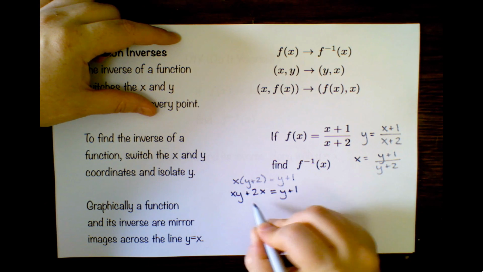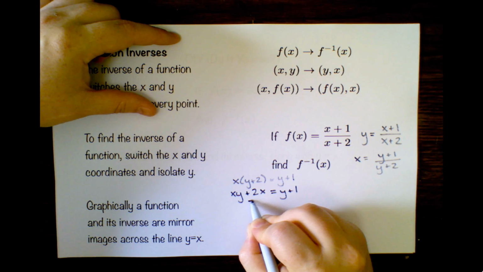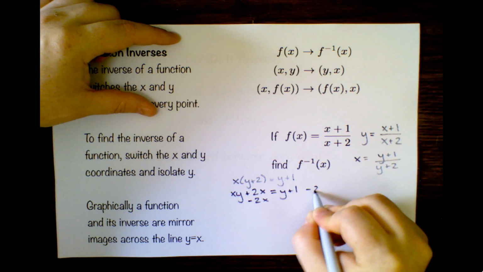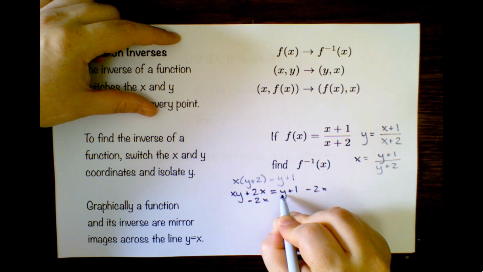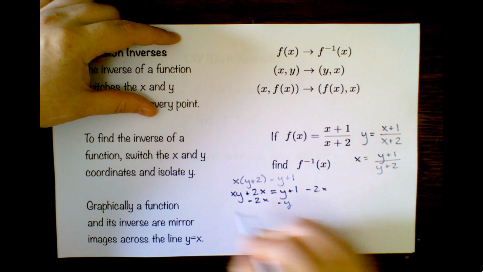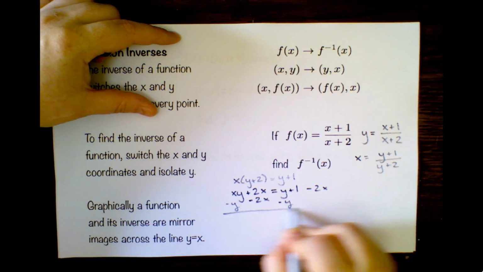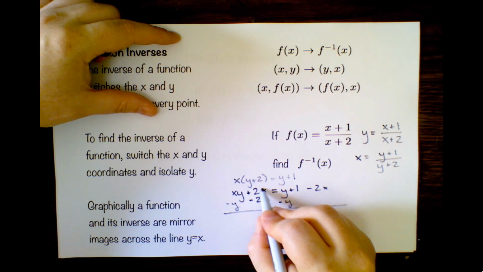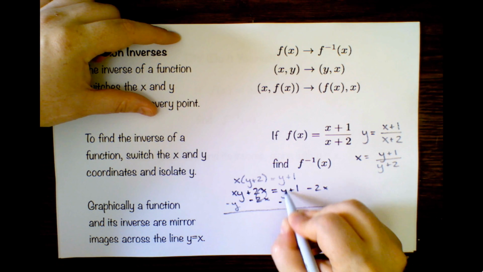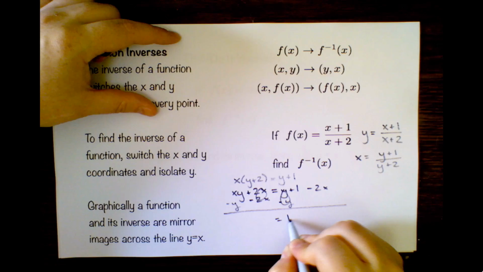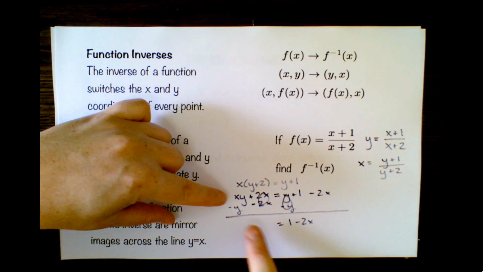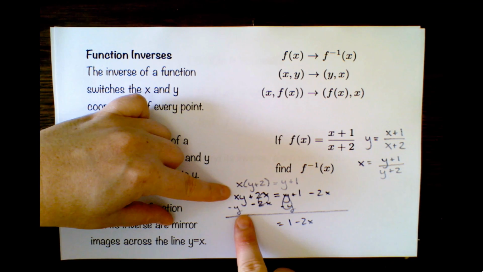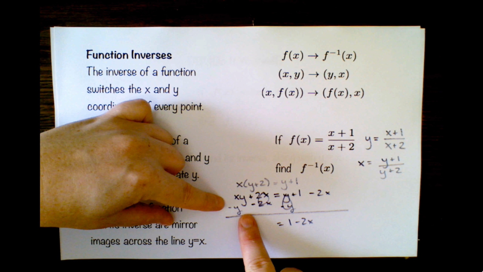So to do that, I want to get rid of 2x. I'll subtract 2x from both sides. And I need to move my y to the other side, so I'll subtract y from both sides. Bye-bye. So over here I have 1 minus 2x. I do have xy and I have minus y.